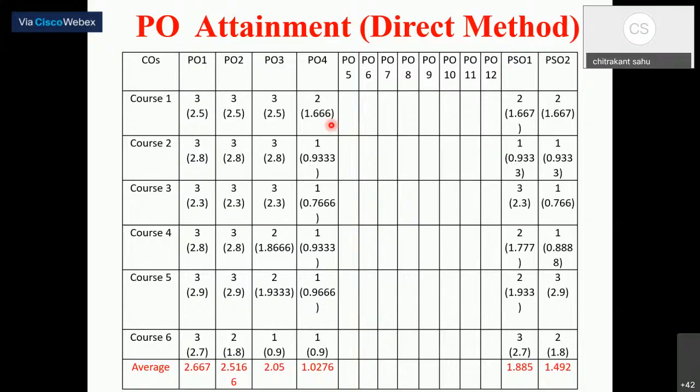This way we can compute the complete thing and finally come to the conclusion of the attainment of a program outcome from the direct method, for a particular year of a department of a program. It has to be exercised for at least 3 years if you are going for an aggregation process.